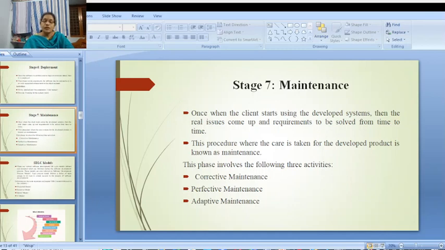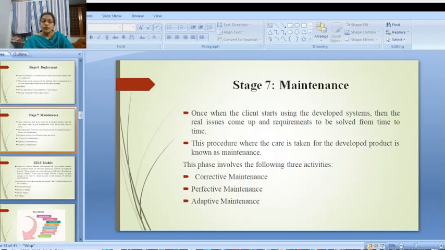So in this phase we have three activities, that is corrective maintenance, perfective maintenance and adaptive maintenance. So what is corrective maintenance, what is perfective, or what is adaptive?